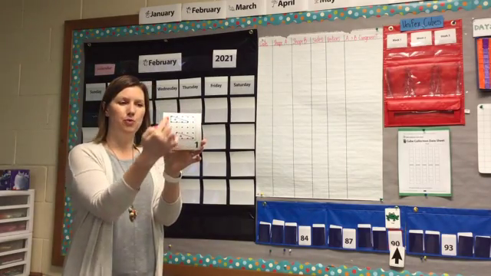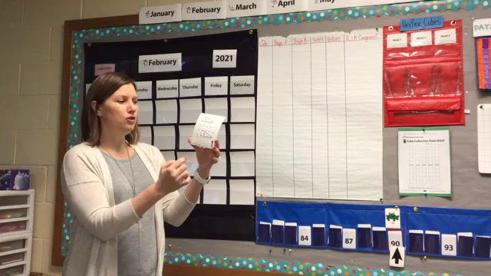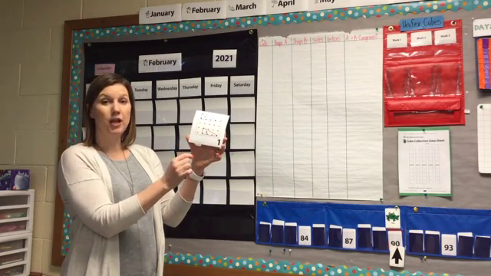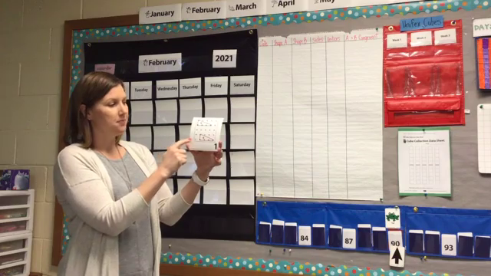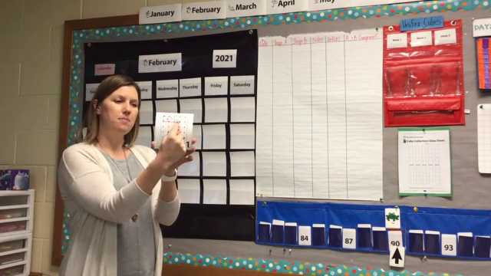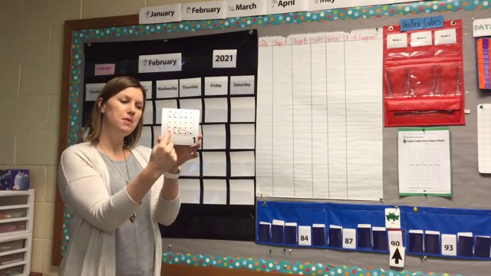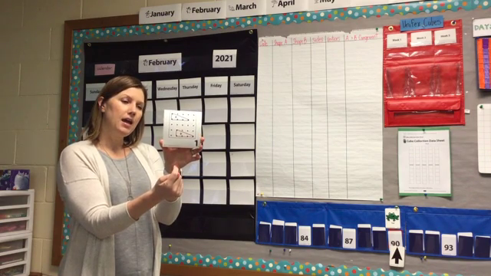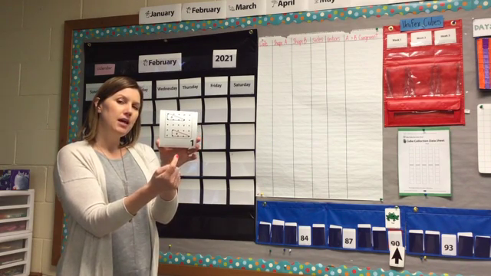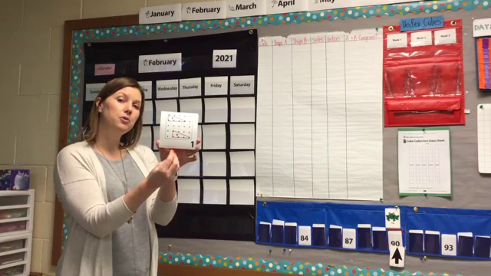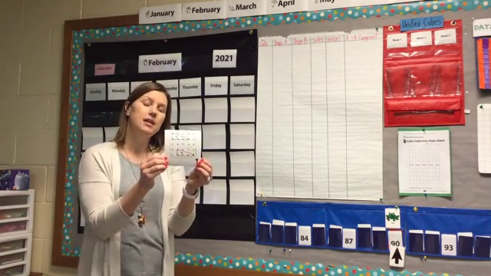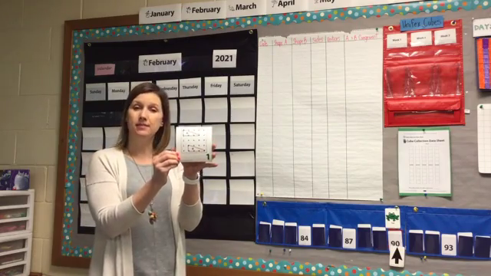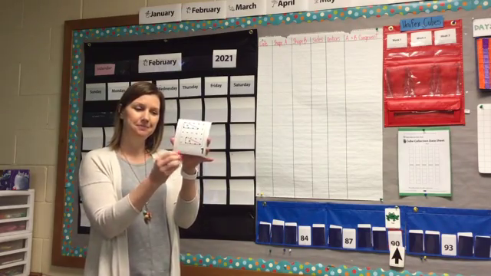This is a geo board, and we are going to be comparing shapes in our calendar cards. We're going to take a look at shape A and shape B, and we're going to decide if these shapes are congruent or not. The word congruent means it's the same shape and the same size.